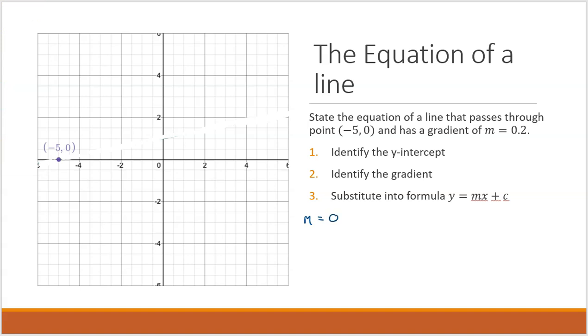M equals 0.2, and we want to have that as a fraction, so m equals 0.2 over 1, and I'm going to ask myself, what do I need to multiply 0.2 by to get it into an integer? And the value for that is going to be 5. So 0.2 times 5 is 1, over 5.